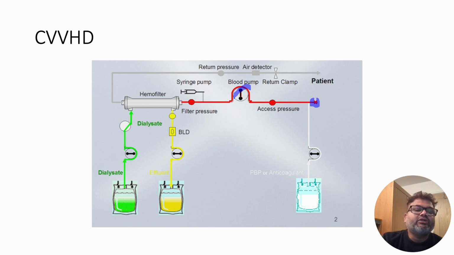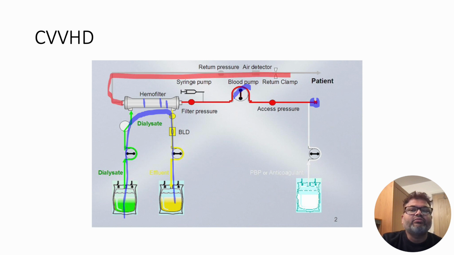But in the counter current method, dialysate is coming from here and flowing from here to this effluent bottle, and there is exchange of electrolyte by diffusion happening inside the filtration, and then ultimately blood will flow to the patient from here to here with same all safety mechanism of air detector, pressure detector.